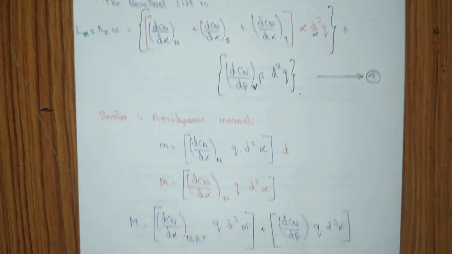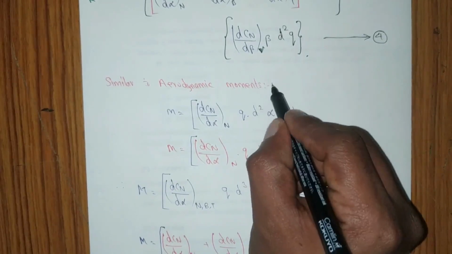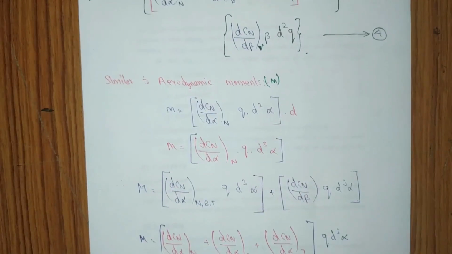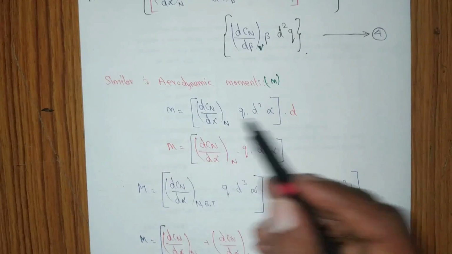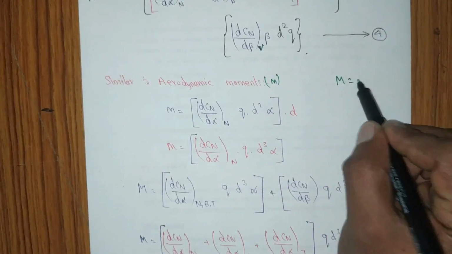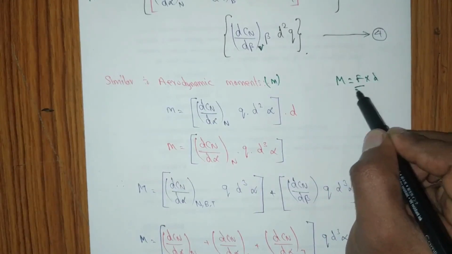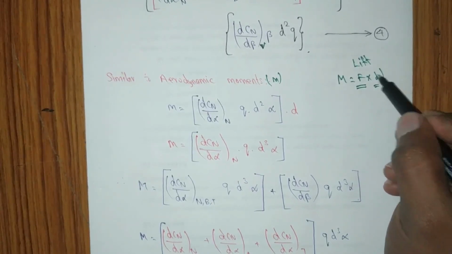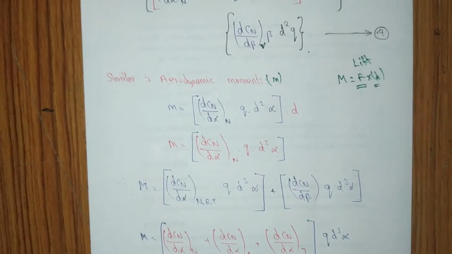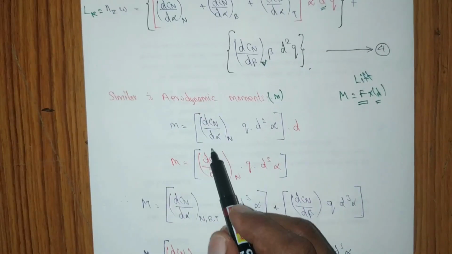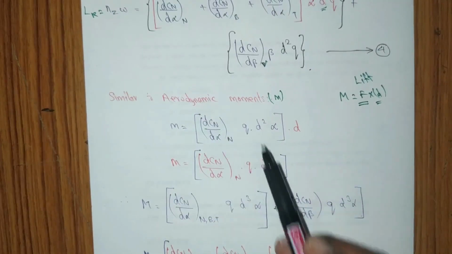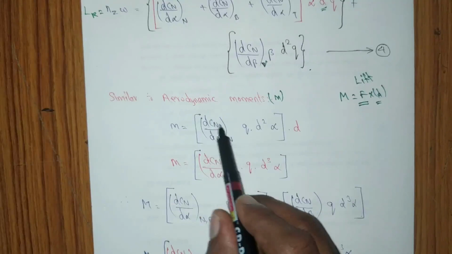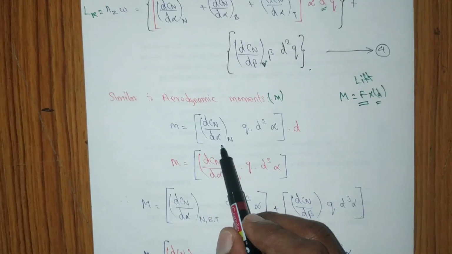Alright. Similarly we need to calculate the moment M. This is the next component we are going to calculate. M equal to what we know? M equal to force into distance. This is the lift force, and the distance is the diameter of the missile. We already have the entire lift force, so this is normal dCn by d alpha alone.